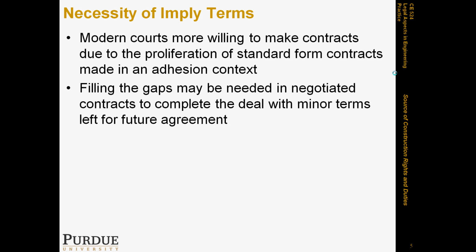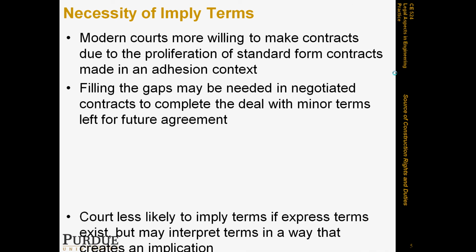They're just interpreting small pieces that are absent from a specific contract. So if you have a negotiated contract that is not a contract of adhesion, but one that was entered into freely, courts would fill in gaps where there are very small items left, not necessarily the entire agreement left for interpretation.